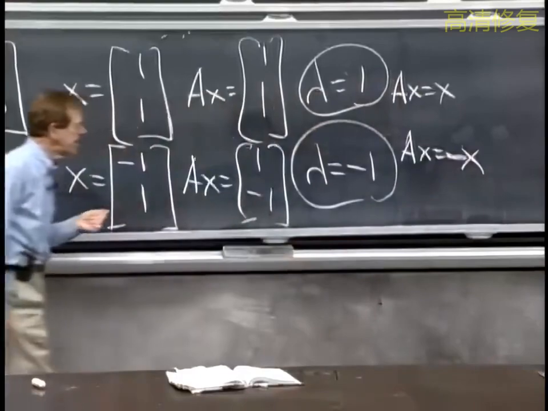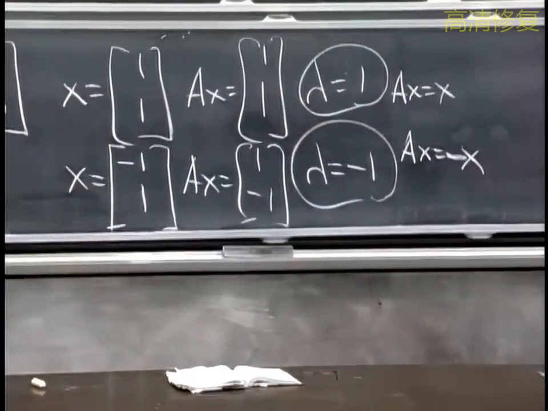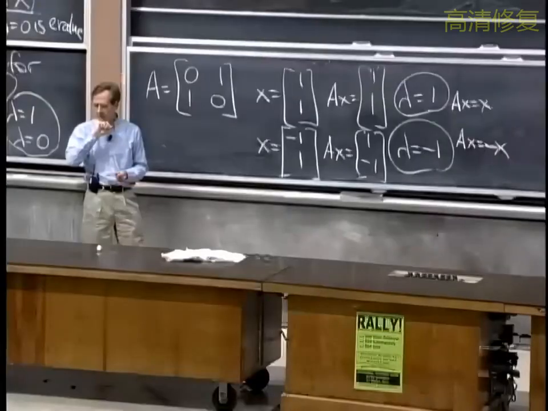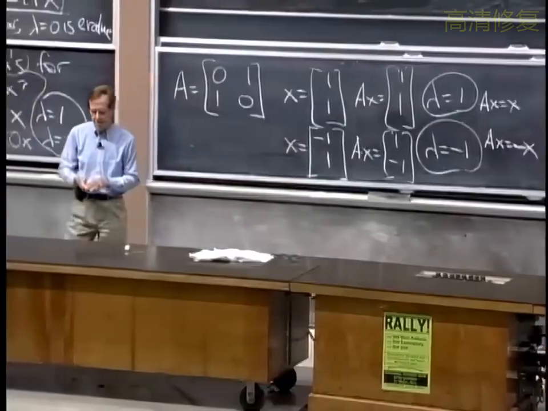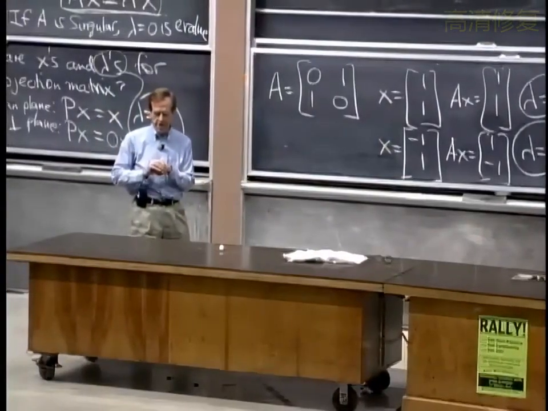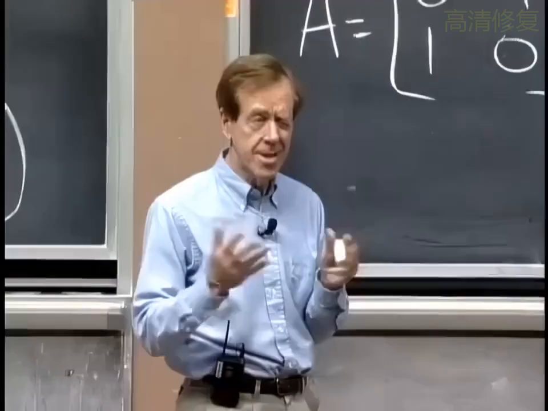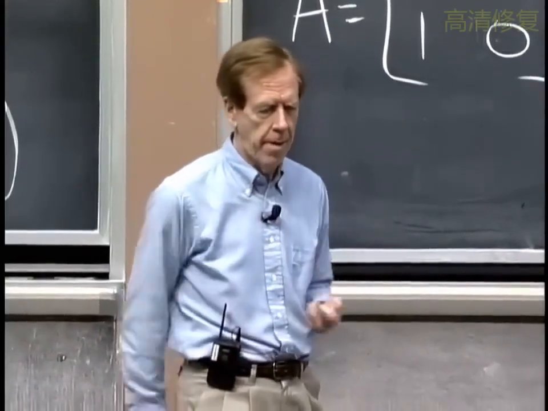Can I just jump ahead and point out a special little fact about eigenvalues? N by n matrices will have n eigenvalues. And let's suppose n is 3 or 4 or more.